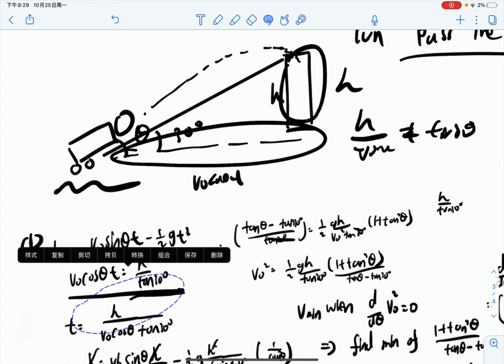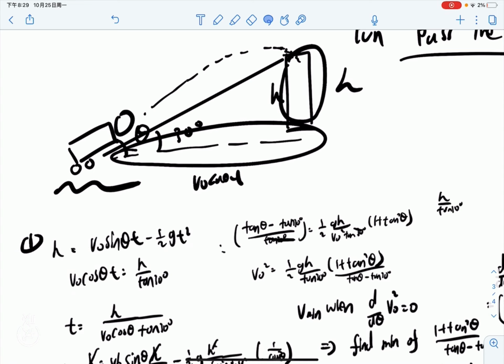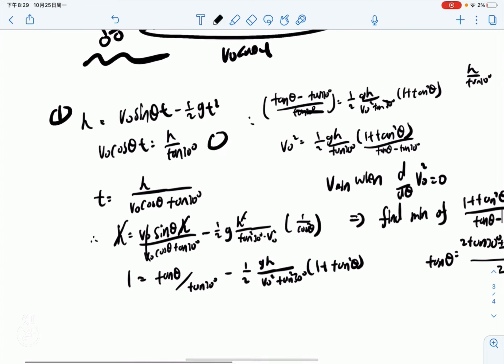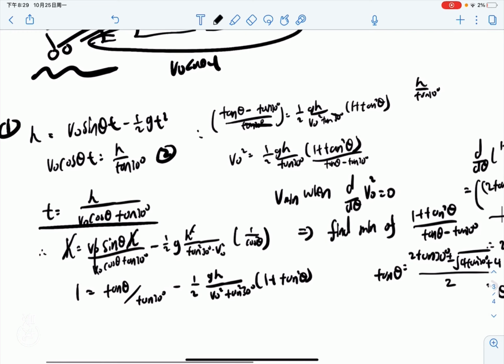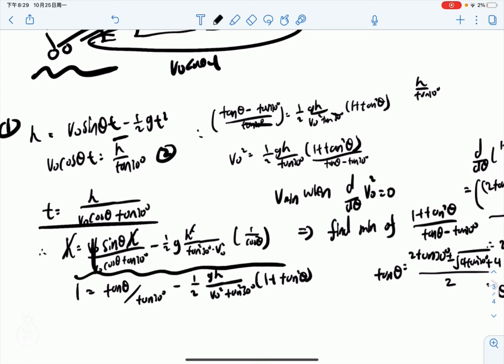And now from the second equation, we can get t is equal to this. And now if we substitute t back to the equation of h, we can get this equation, and if we cross out and divide it, we have the equation of this now.